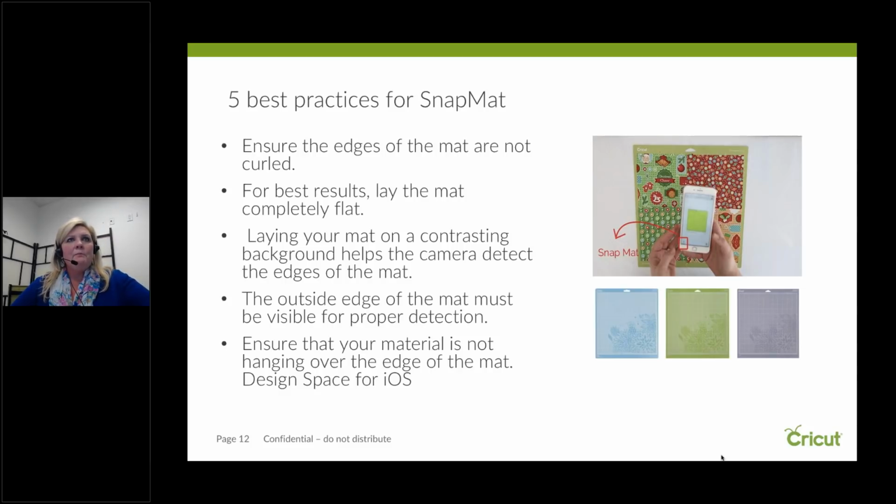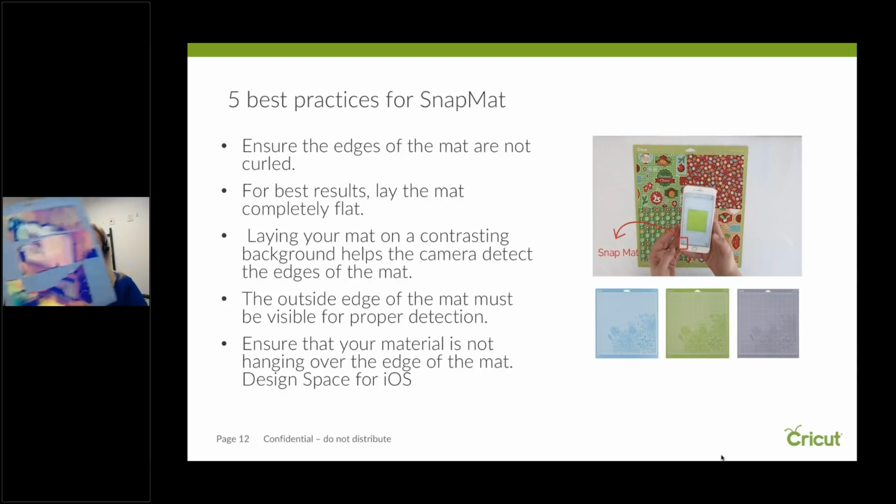Also, you saw how having a contrasting background helps that camera detect the edges of the mat. You witnessed that. It definitely helped when I moved it over to the green part of the carpet. Boom, it happened in seconds. Also, the outside edge of your mat must be visible for proper detection.